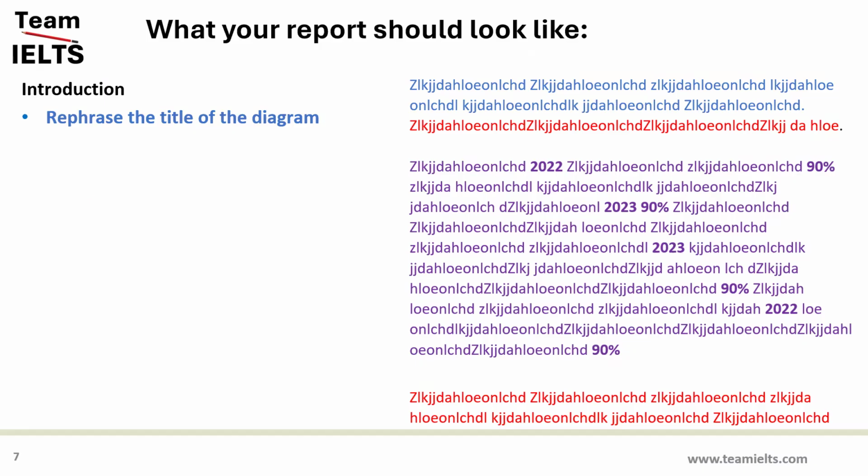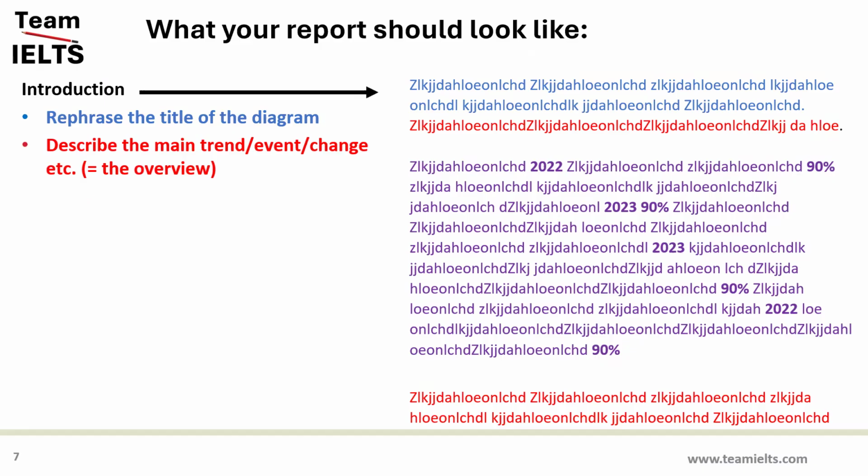A rephrasing of what the question is, using your own words, not copying from the question. So rephrasing using synonyms. Then this is followed by a description of the main trend or trends, event, changes, etc. And that is the overview. And that is very, very important.